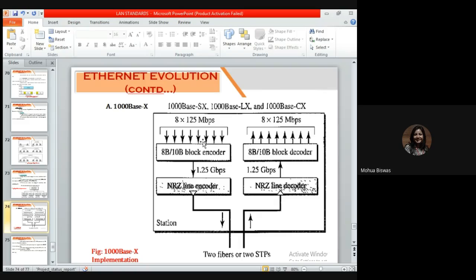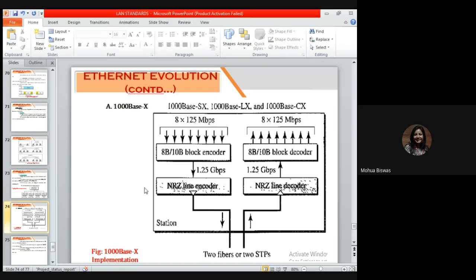Whatever we have seen in 4B/5B, the same method they have used here, so I'm not going to explain it. Instead of 4 bits they have used 8 bits, and per bit requires 125 megabits per second. After using the 8-bit block encoding scheme, the data rate is increased to 5 gigabits per second.